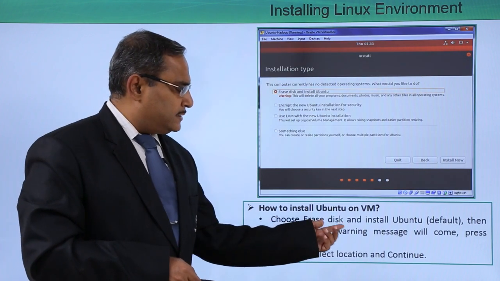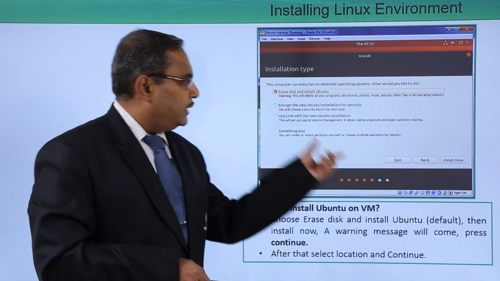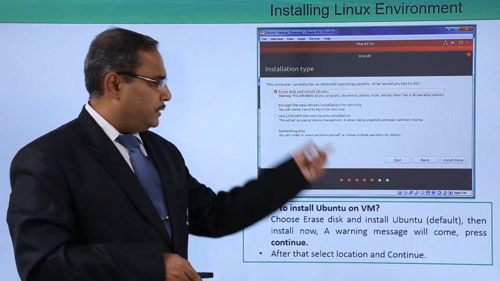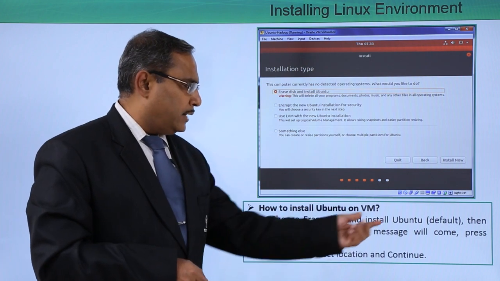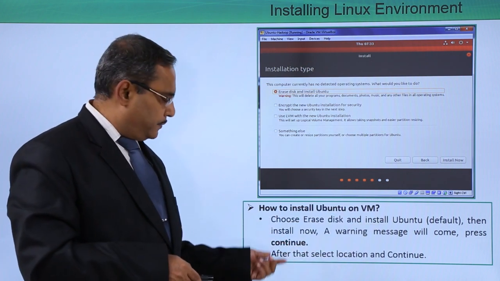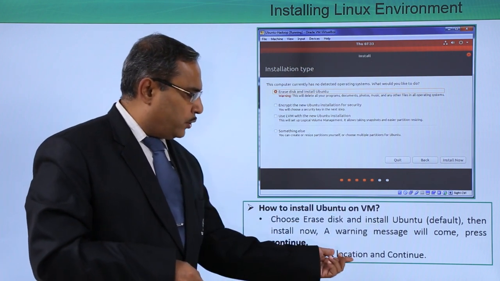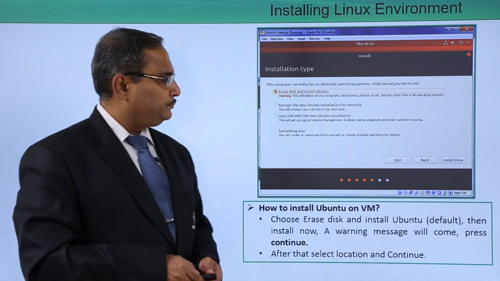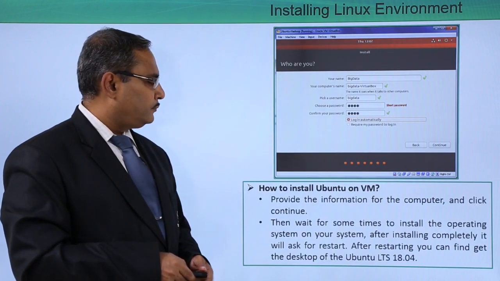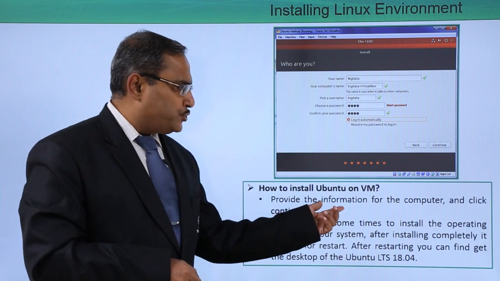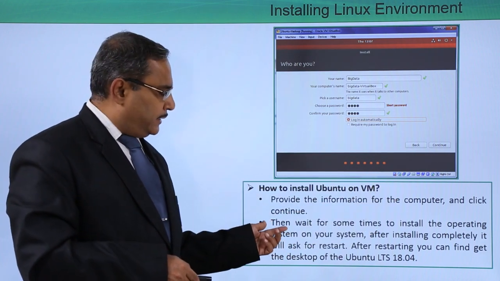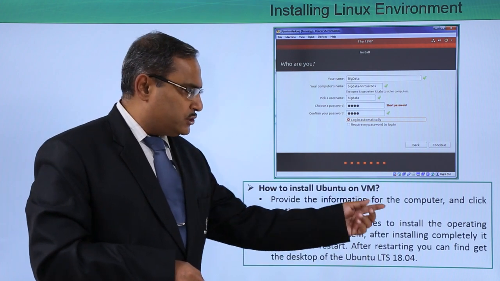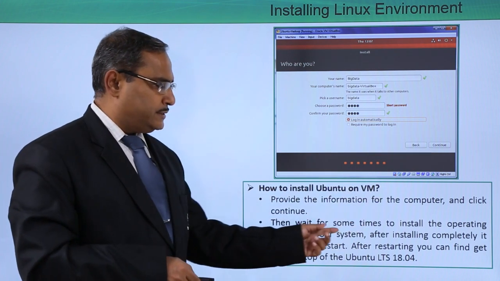Choose erase disk and install Ubuntu. That is selected by default, and then install now. A warning message will come and press continue there. After that, select location and continue. Provide the information for the computer and click continue. Then wait for some time to install the operating system on your system.